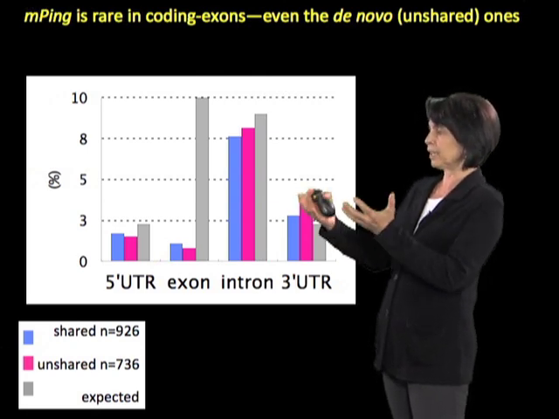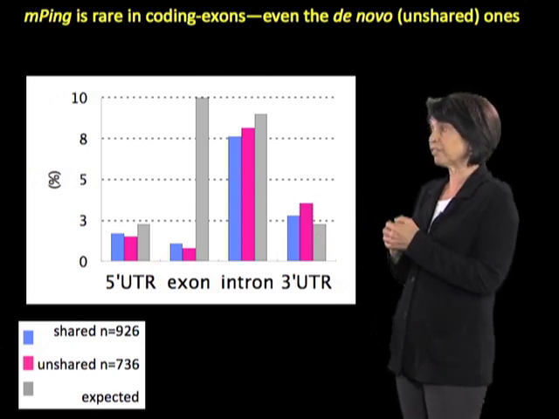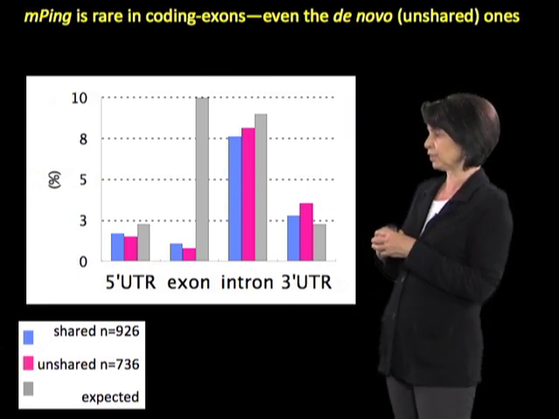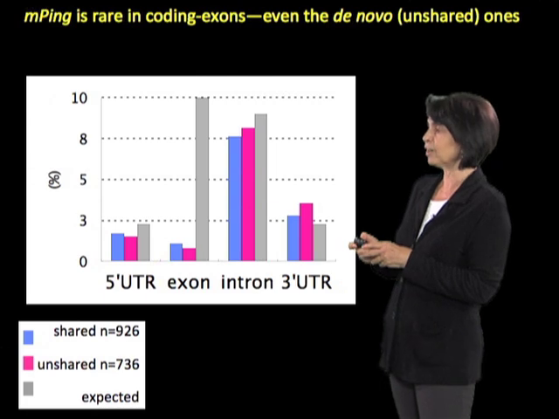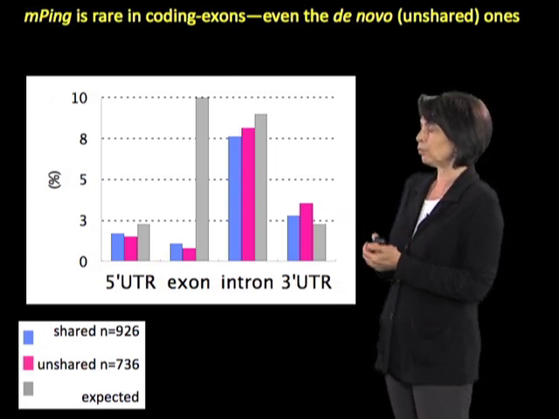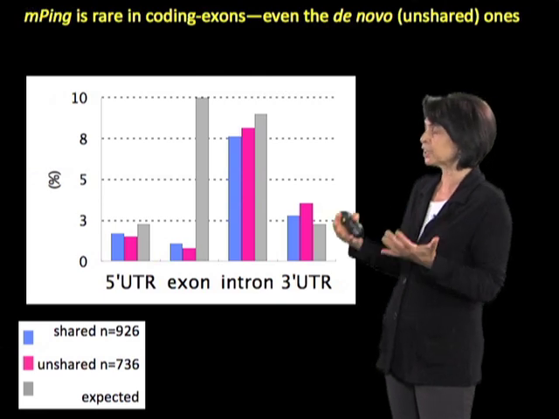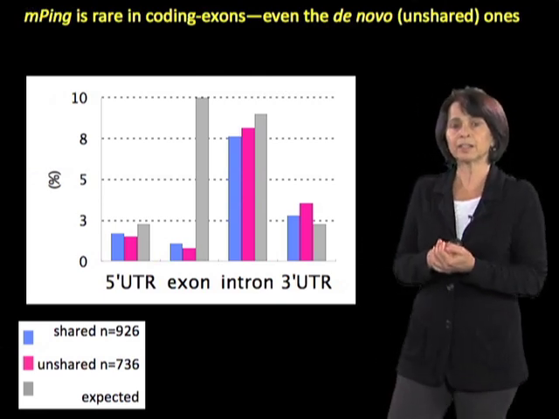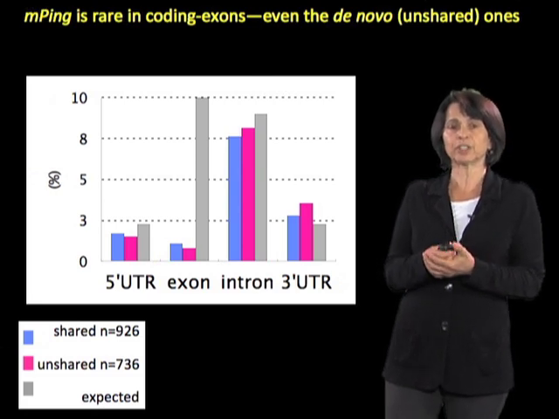Again, this is a summary of a very large number of genes, and what you're seeing is the percentage of insertions. The gray is the expected number of insertions given the composition of the genome. The pink are the unshared insertions, and the blue are the shared insertions.